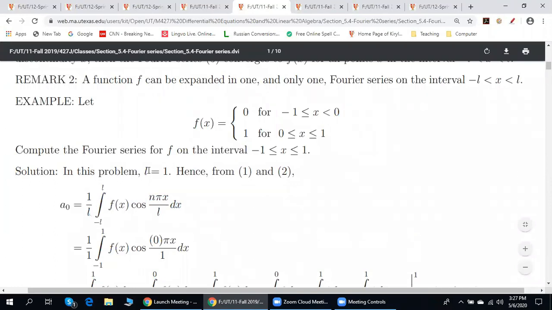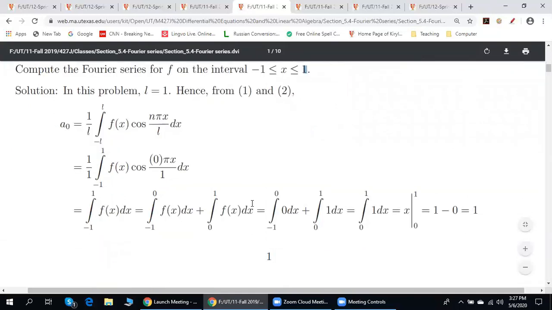Then we replace L by 1 because according to what is written here, L is equal to 1. We replace L by 1 here, here, here, and here. Done. We also replace n by 0. Done. 1 over 1 is 1.